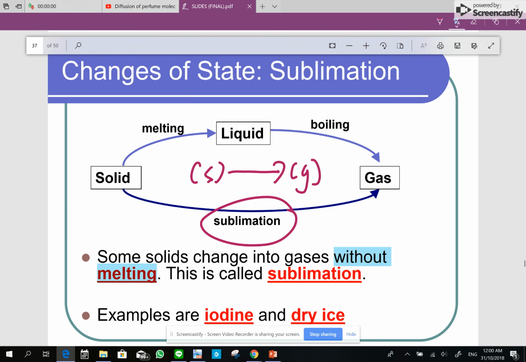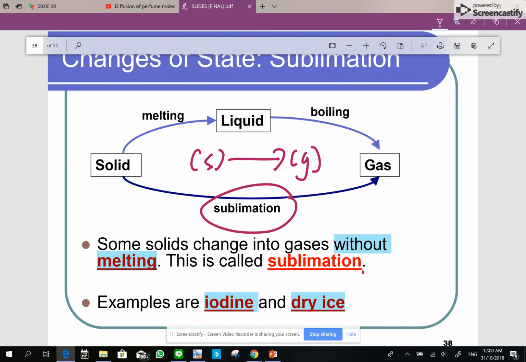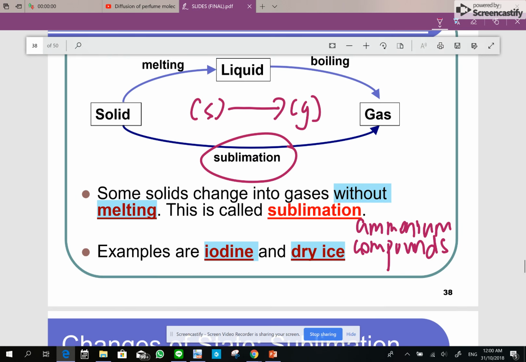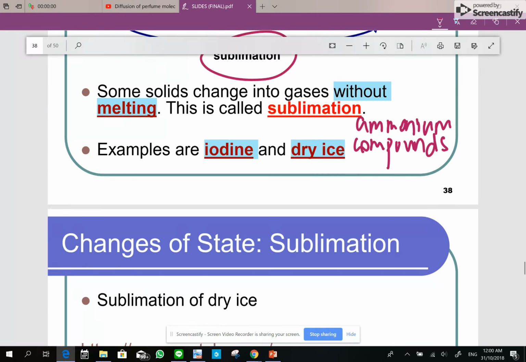There are two examples in our syllabus, iodine and dry ice. You can also add one more example that is quite commonly tested, which is ammonium compounds. So take note of these three examples, which are the ones that undergo sublimation.